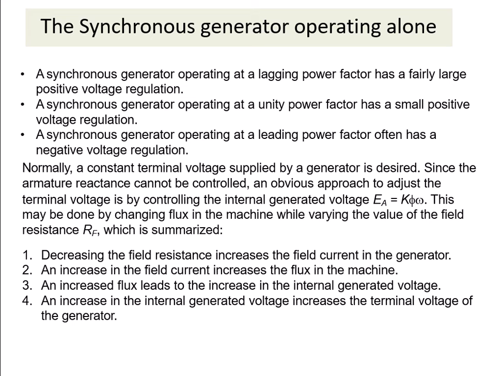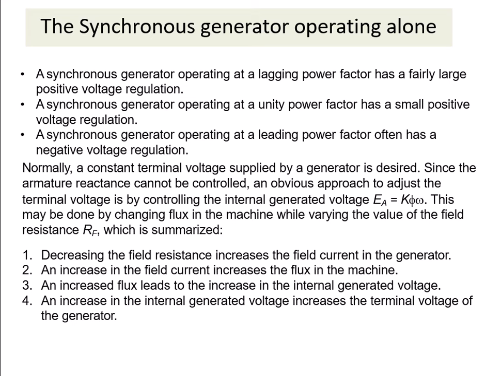Since the armature reactance cannot be controlled, an obvious approach to adjust the terminal voltage is by controlling the internal generated voltage EA, which is equal to K phi omega. This may be done by changing the flux in the machine while varying the value of the field resistance RF, which is summarized below.